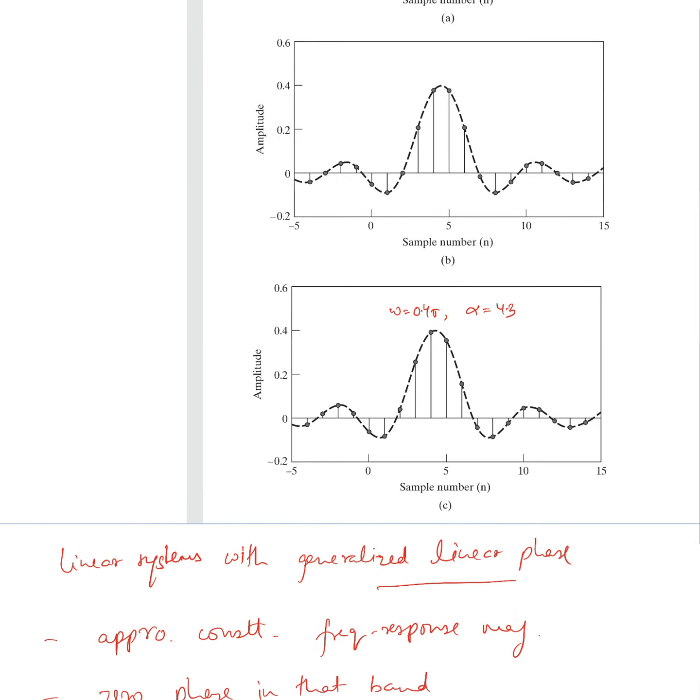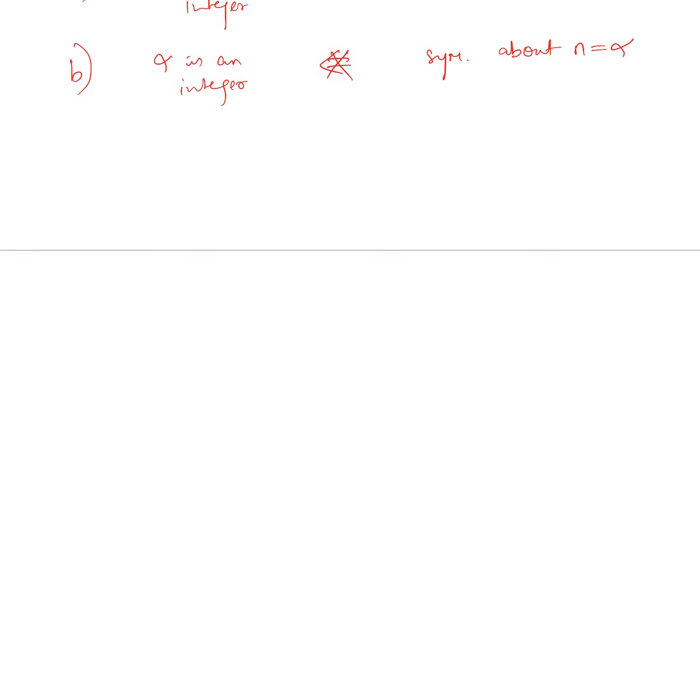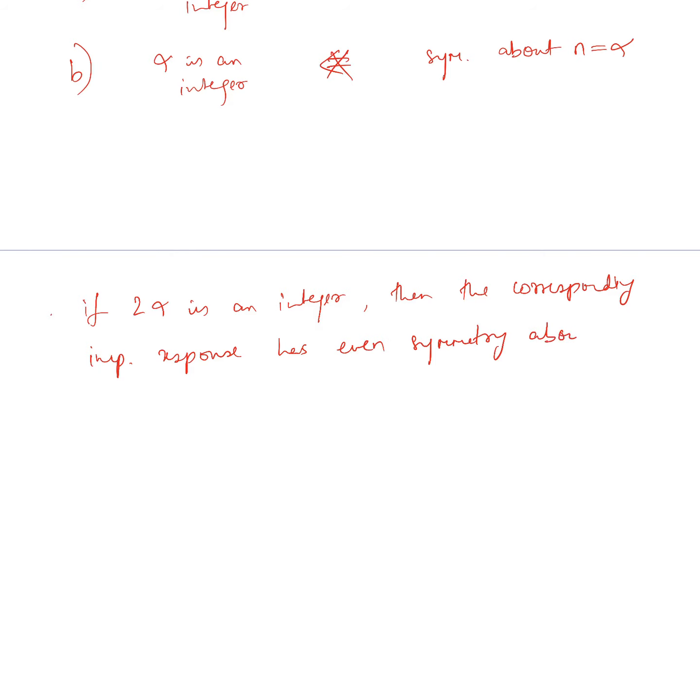Right? So the general thing to notice here is that if 2 alpha is an integer, then the corresponding impulse response has even symmetry about alpha.